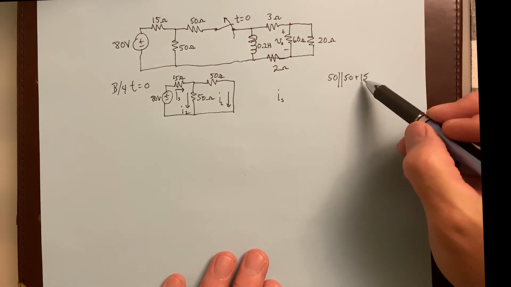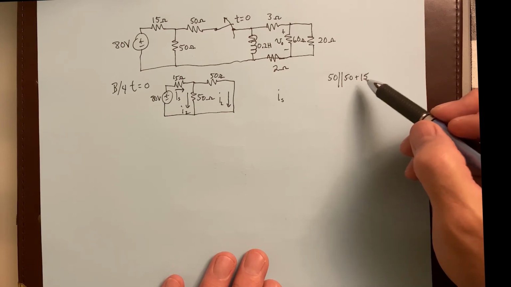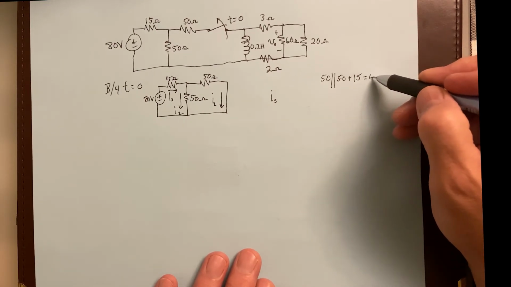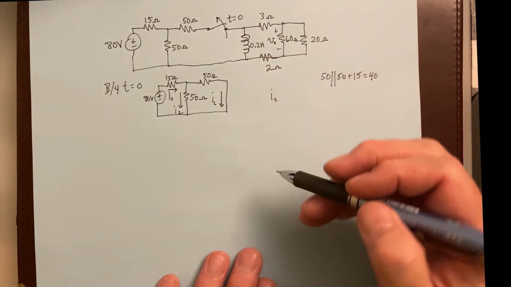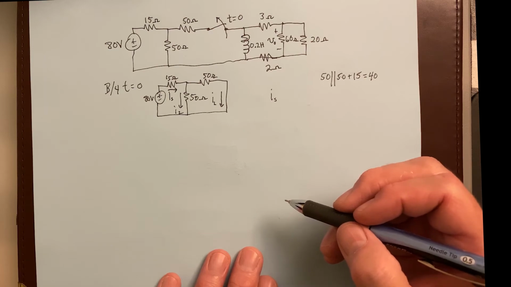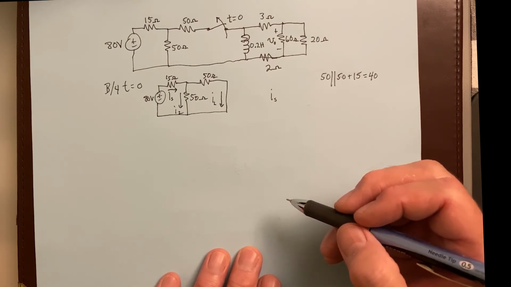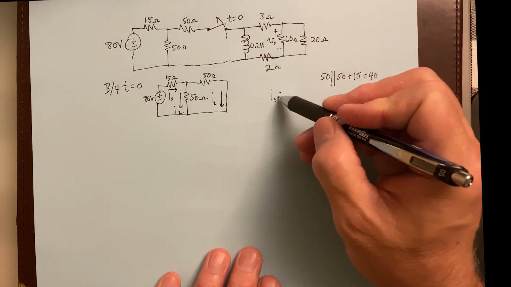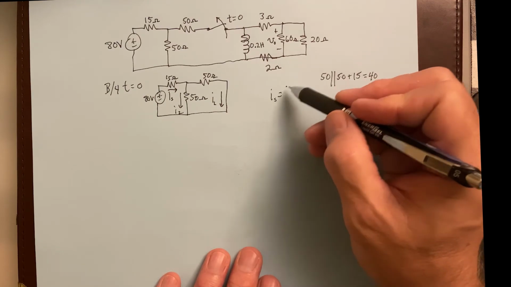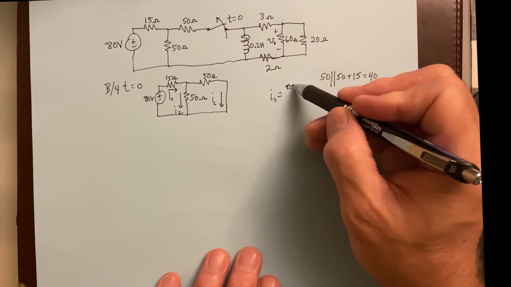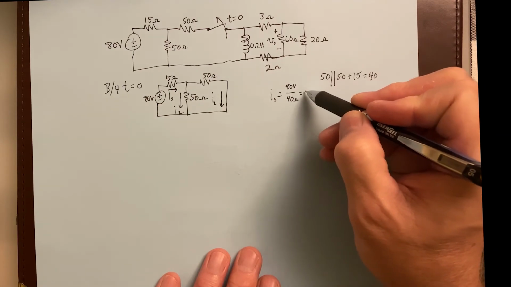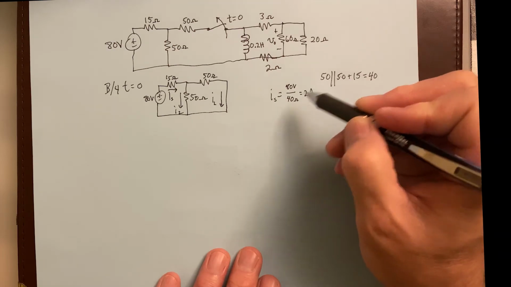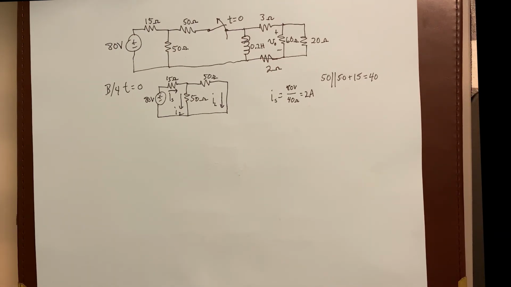And the 25 plus the 15 is going to be 40. So this is a 40. So this whole thing right here is a 40 ohm equivalent resistance then. So I sub s is going to be V over R, so that's 80 volts over 40 ohms, so it's going to be 2 amps. That's what I sub s is.